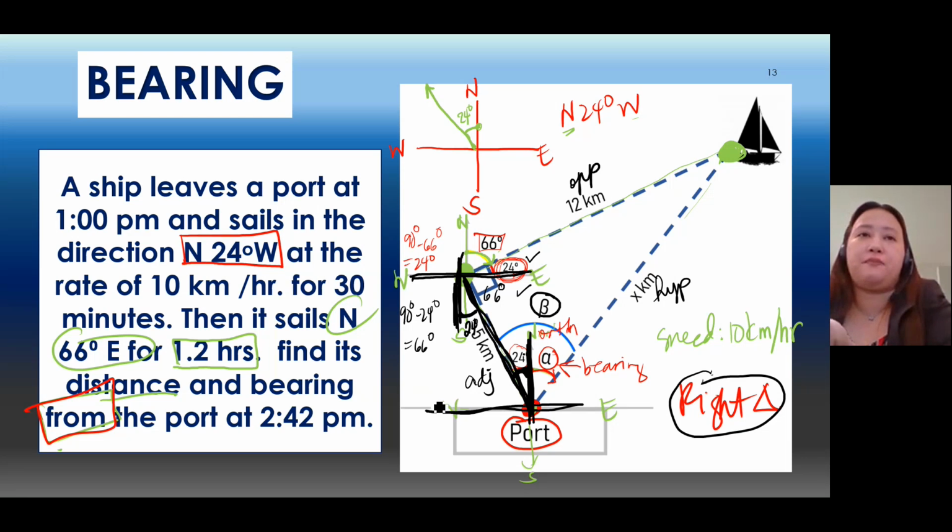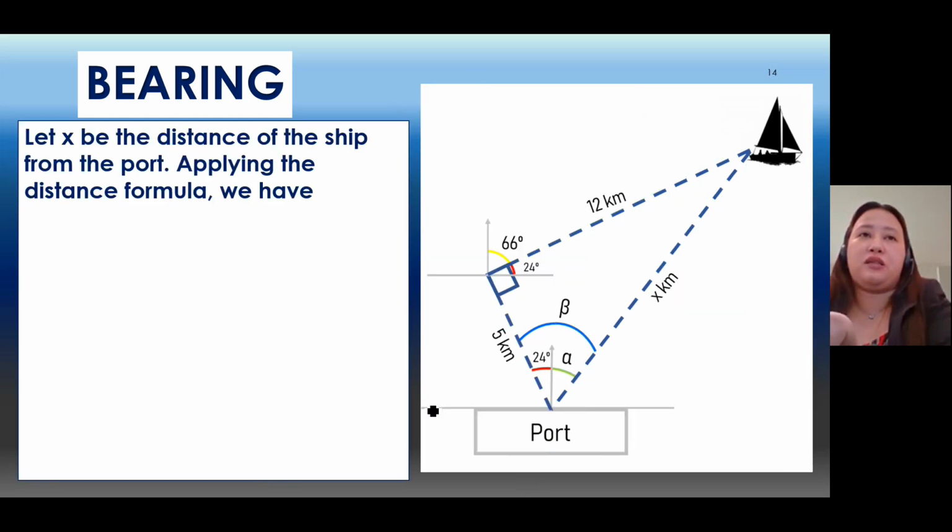Okay, next. In the next slide, actually, you can see here the answer. So the distance between the last position of the ship and the port is 13 kilometers.